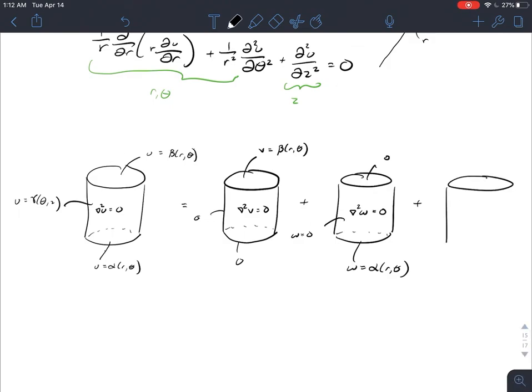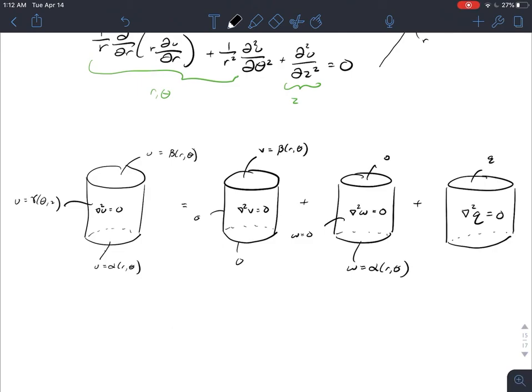And then let's make the last one, let's call it, our condition is gamma. Let's call it q, why not?